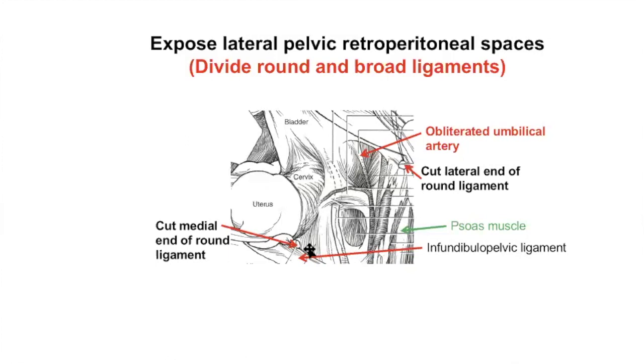The incision into the broad ligament is carried anteriorly towards the obliterated umbilical artery and posteriorly towards the psoas muscle, opening up this area, which is the pelvic retroperitoneal space.